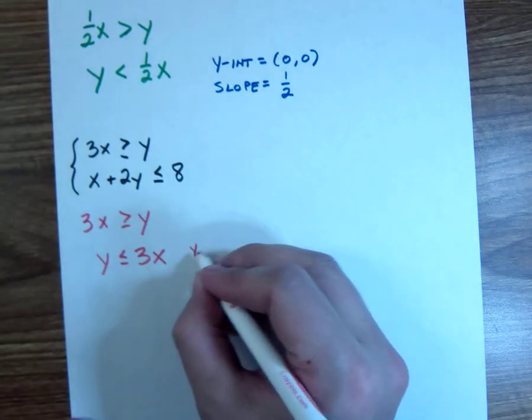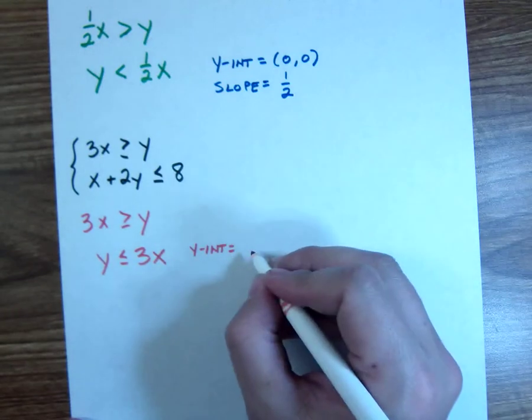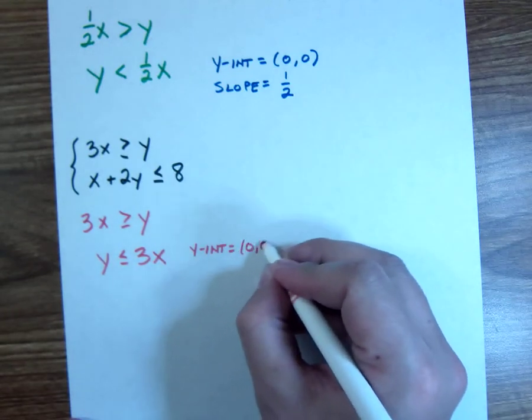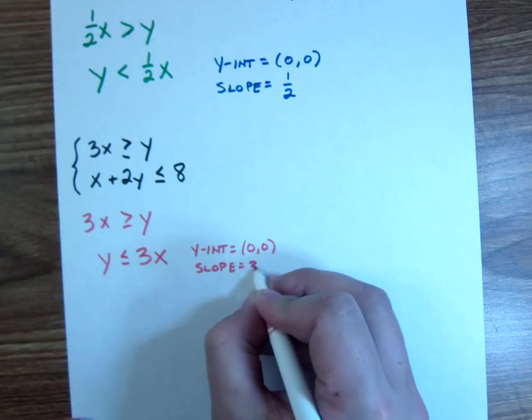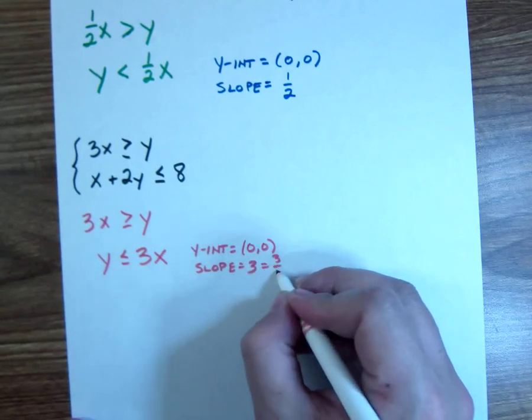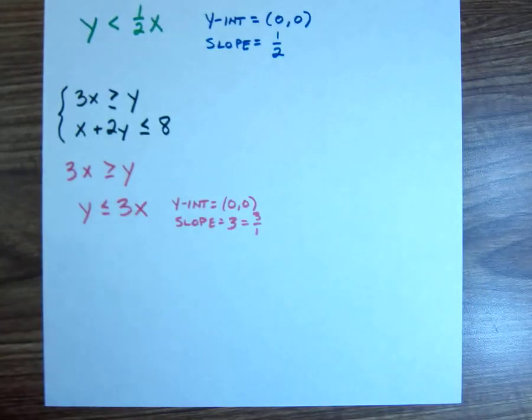So what's the y-intercept here? 0, 0. And what's the slope? 3 over 1. 3, which as a fraction is 3 over 1. Great. I'm going to go ahead and put that on my graph.